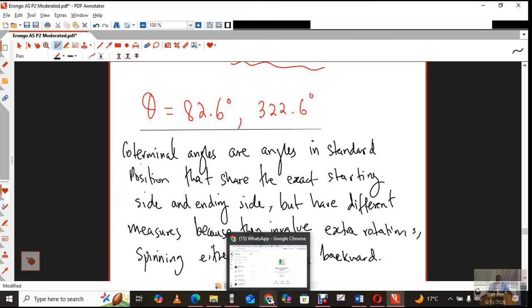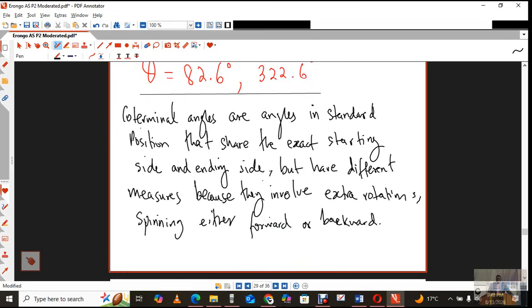So, for example, if you have 30 degrees and 390 degrees, okay? Because if there is 30 degrees over there, that is 30, then you can also find where it starts and where it ends.